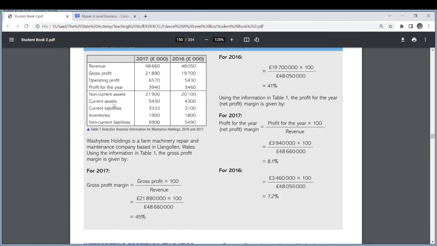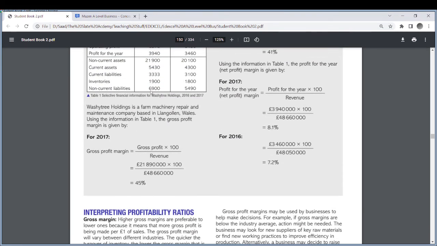Okay, so what's the amount of equity in 2017? It's 17,097, right? Good.